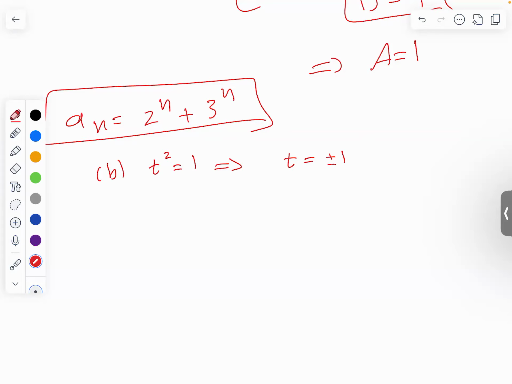So Tn is A times 1 power n plus B times minus 1 power n. This is equal to A plus B times minus 1 power n.